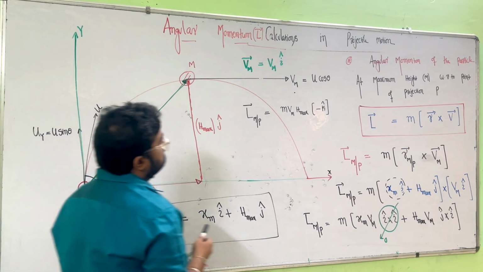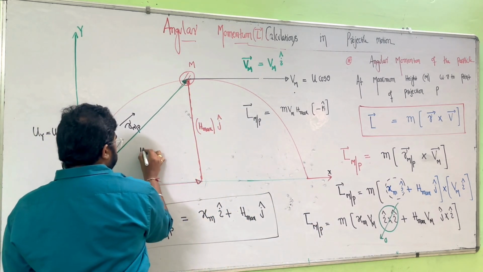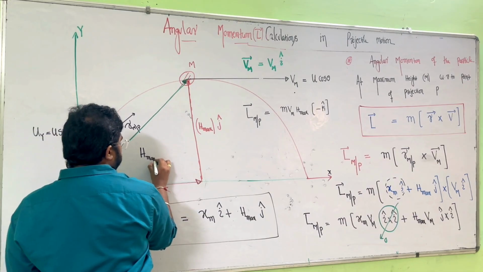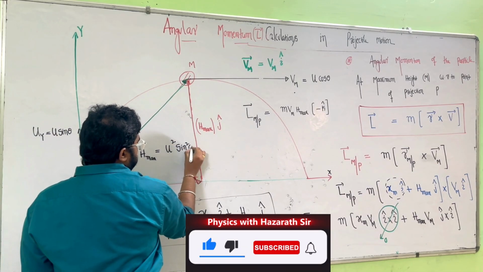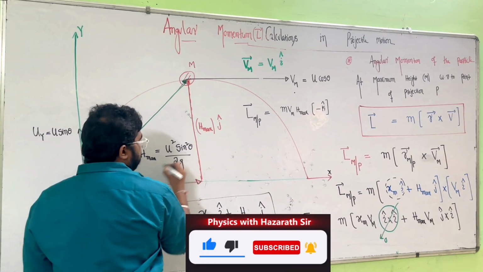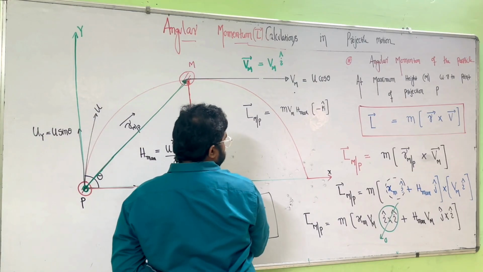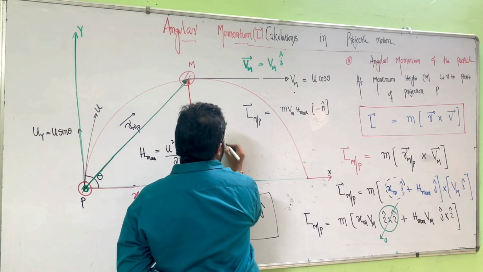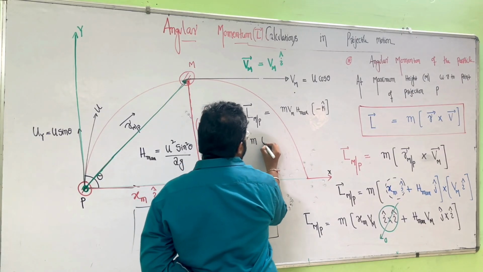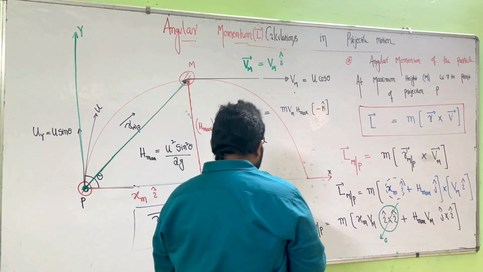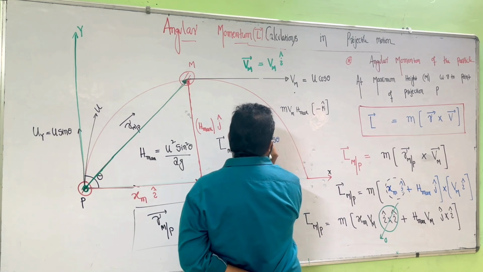Substitute all, you will get the answer. What is the H maximum? Tell me. U square sin square theta by 2G. What is VM? U cos theta. What is the position of the particle? That equal to M into U cos theta.